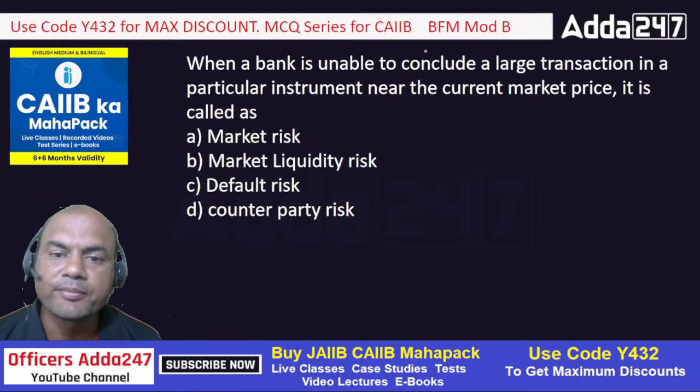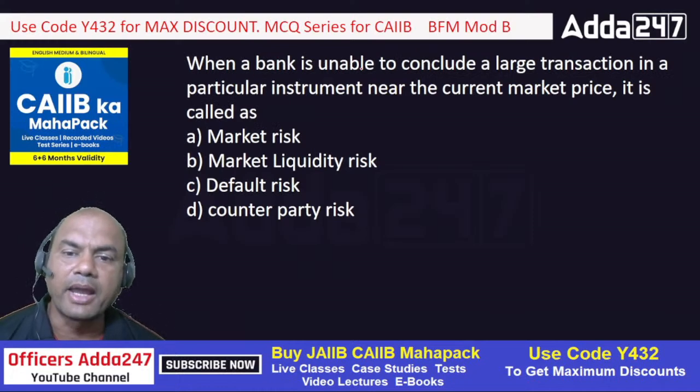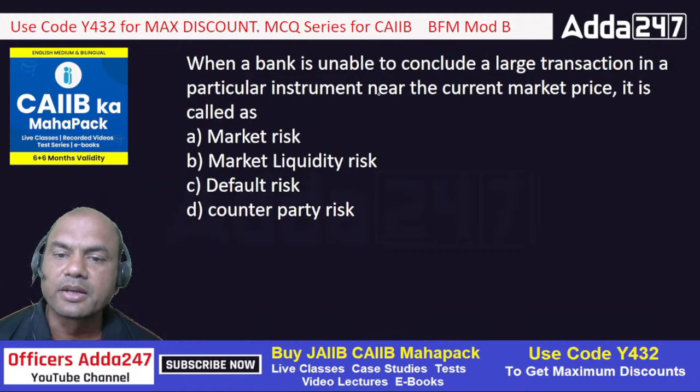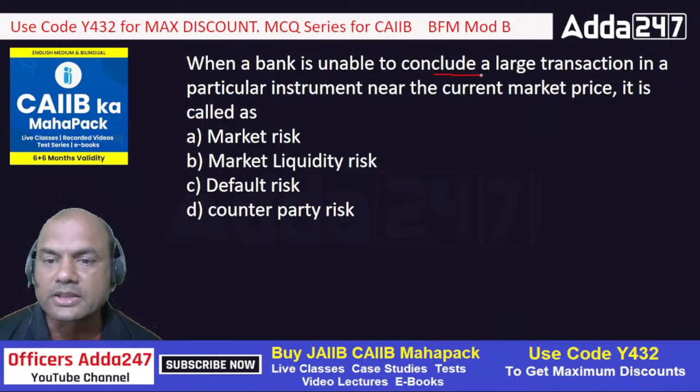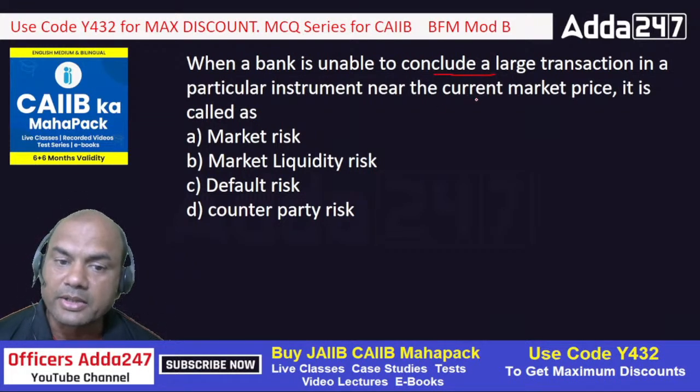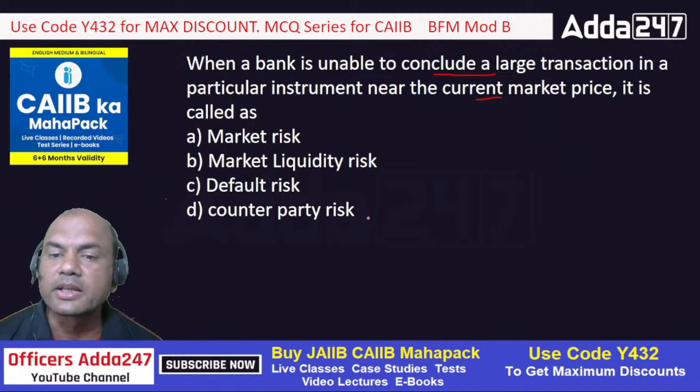Okay. Next one. When a bank is unable to conclude a large transaction in a particular instrument near the current market price, it is called as market risk, market liquidity risk, default risk or counterparty risk. Here it is unable to conclude the large transaction at the current market price. So market price is also not different. Now look at this.